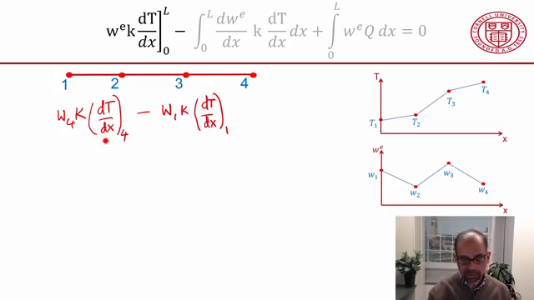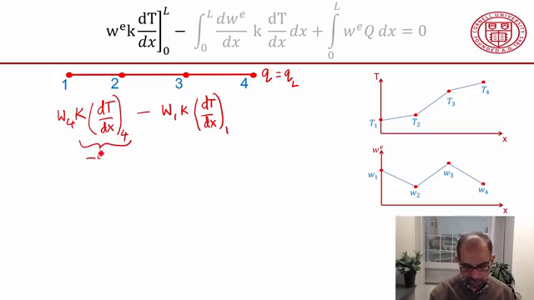Let's take a look at this term here. This is related to the flux boundary condition at the right boundary. If you recall, we say that the flux at the right boundary is given and equal to some value. And that's related to here.